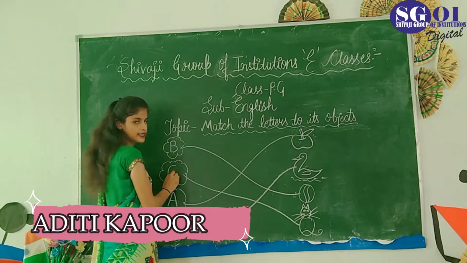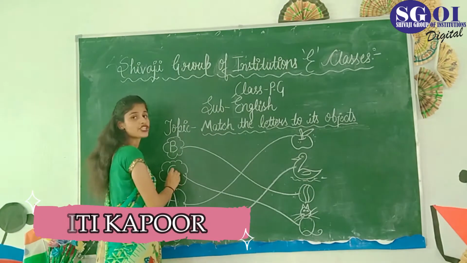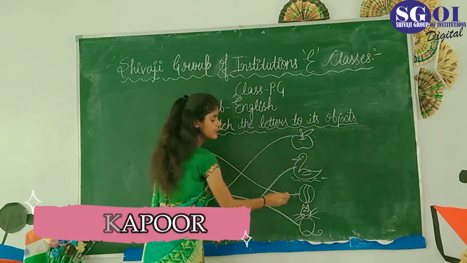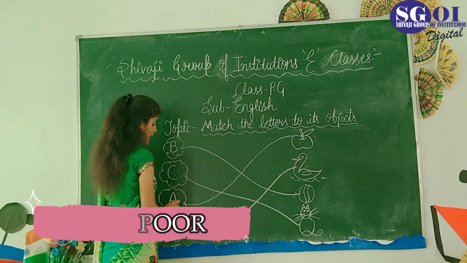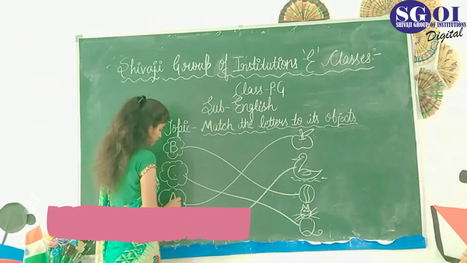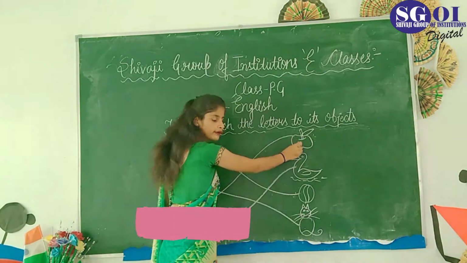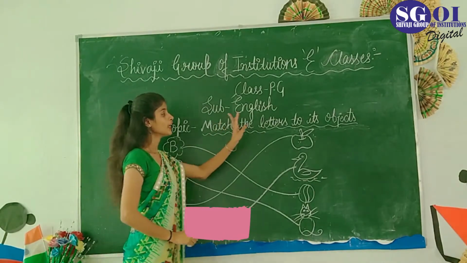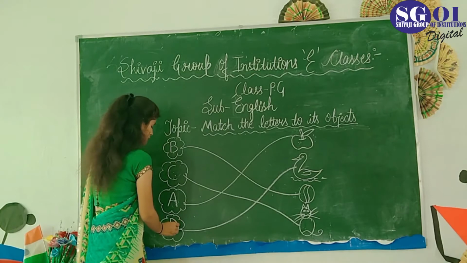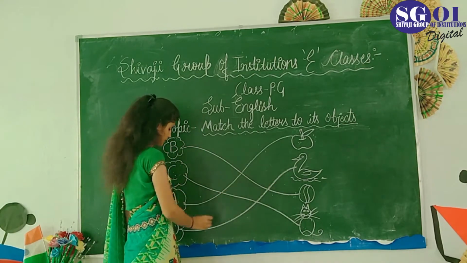This is the letter C. So we will match letter C with the picture of cat. This is the letter A. So we will match the letter A with the picture of apple, because apple starts from letter A. This is D for duck.